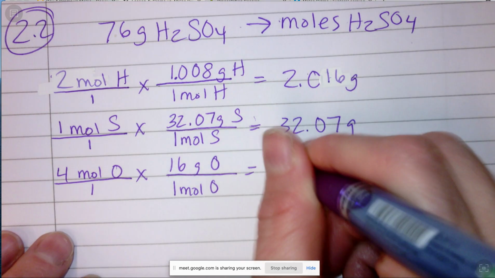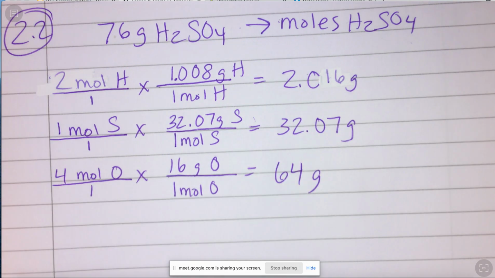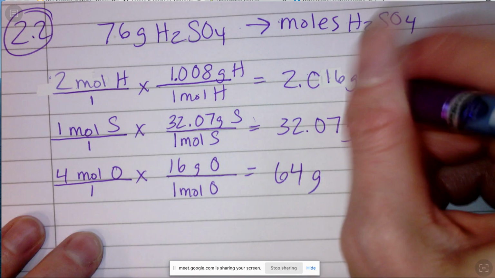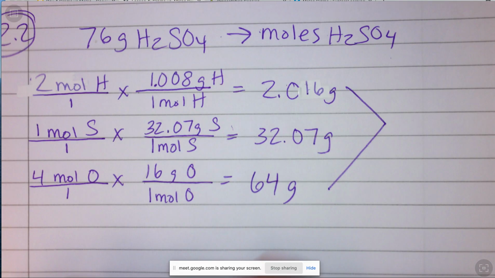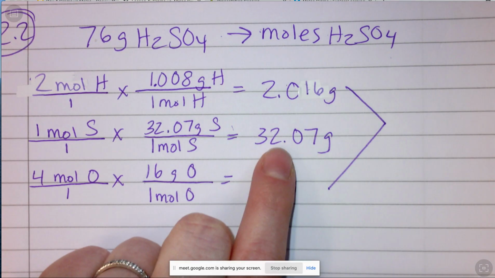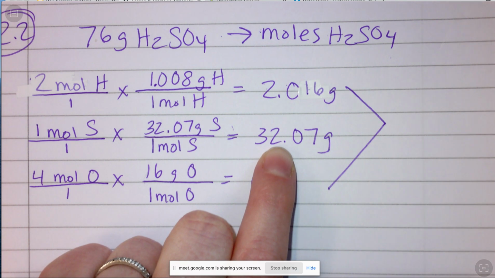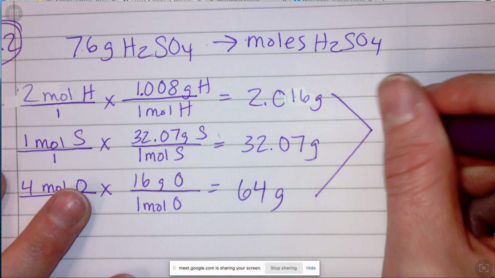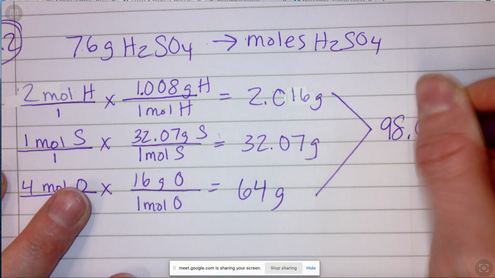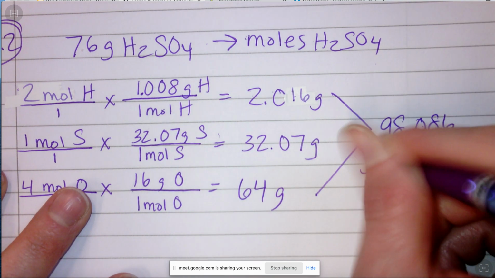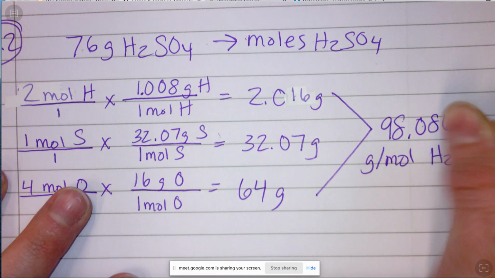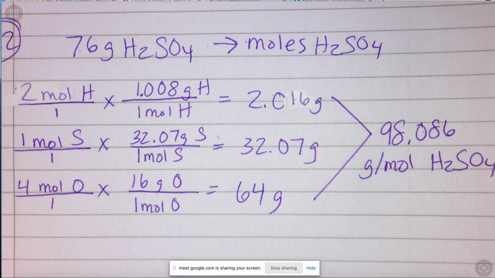And 4 times 16 is just 64 grams. And then I'm adding these together. And I end up getting 98.086 grams per mole of H2SO4. Okay?